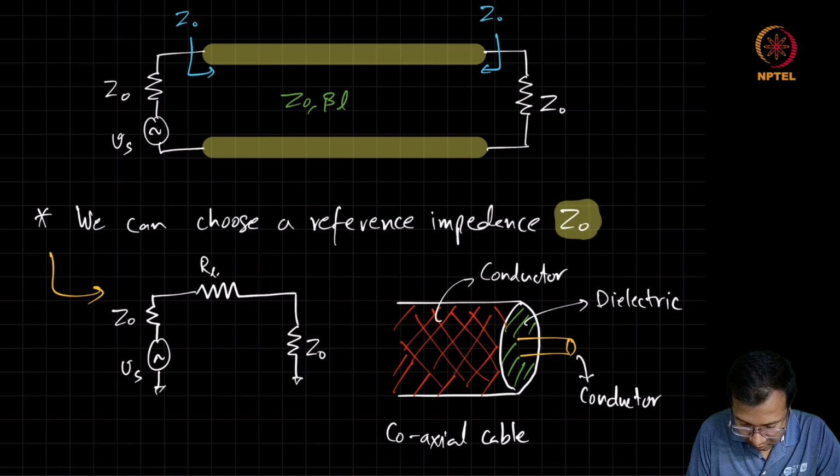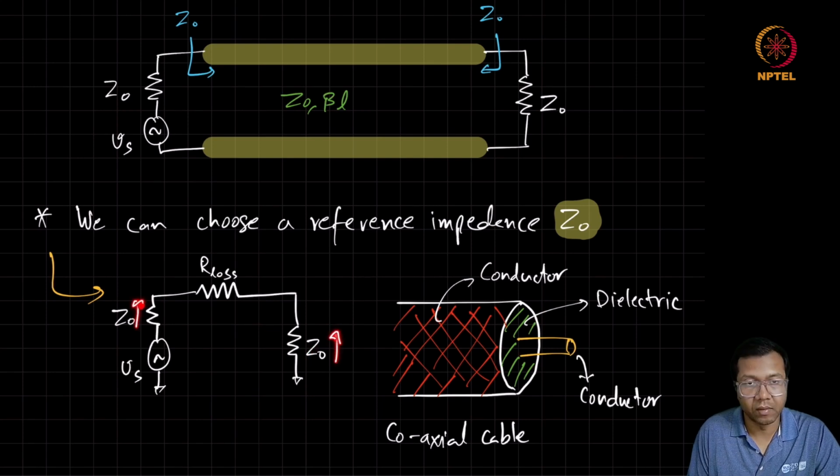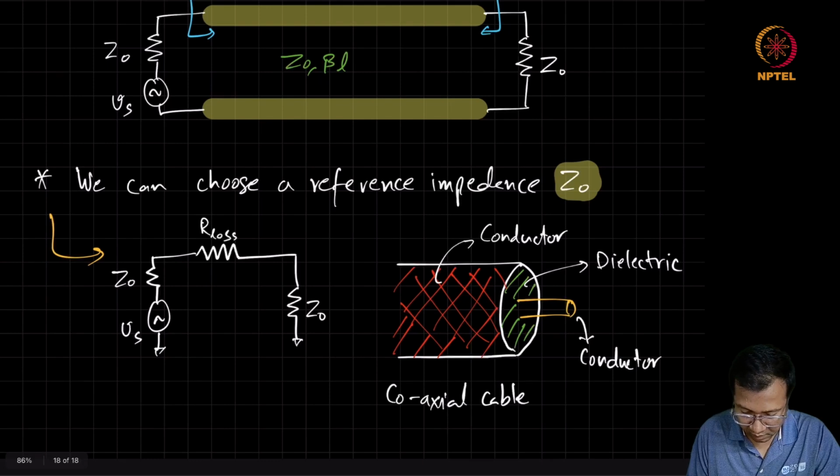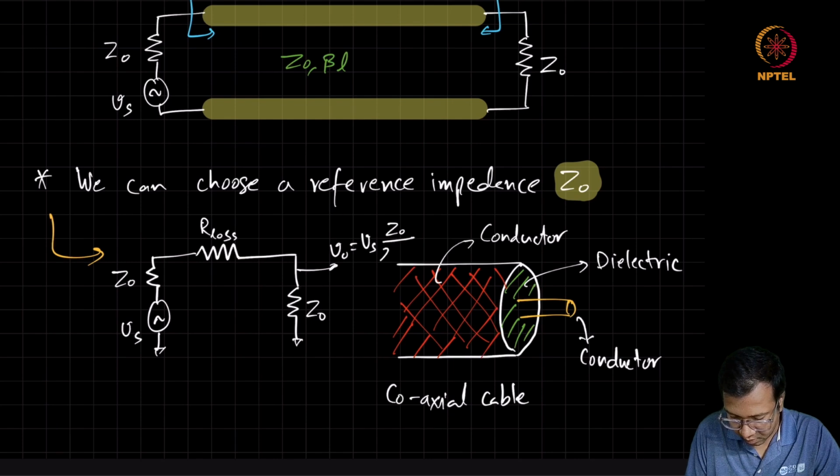You can see that in such a simple circuit, if the Z0 value is increased, then for a given small loss in the cable, the overall attenuation is going to be minimized, because VO is VS times Z0 divided by 2 Z0 plus RS.